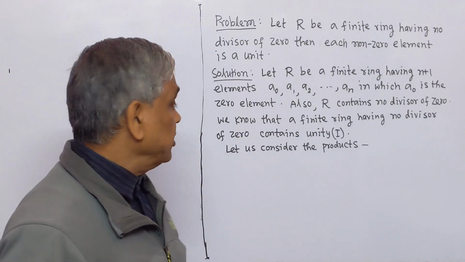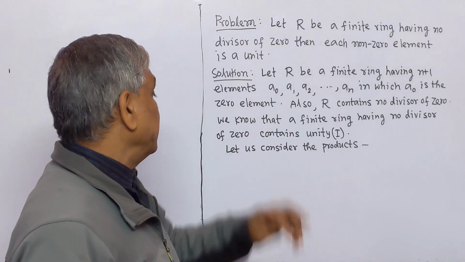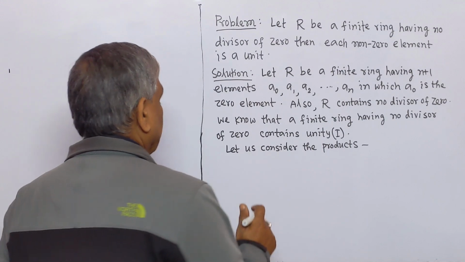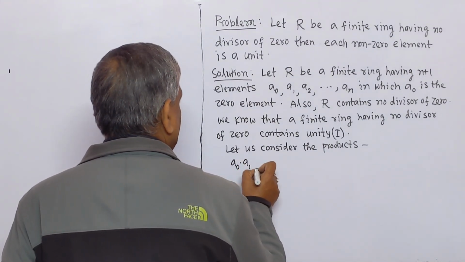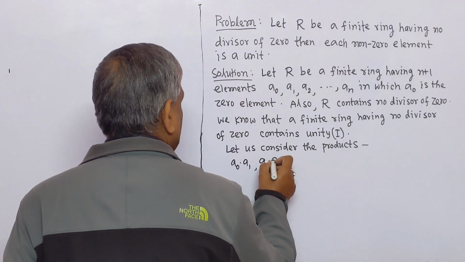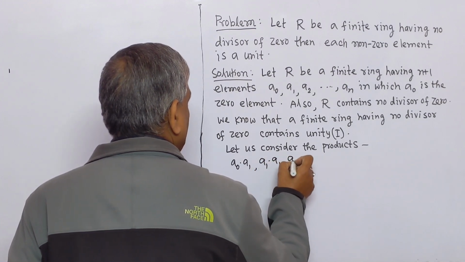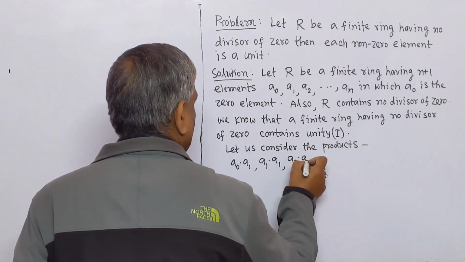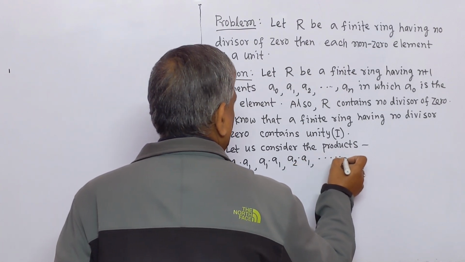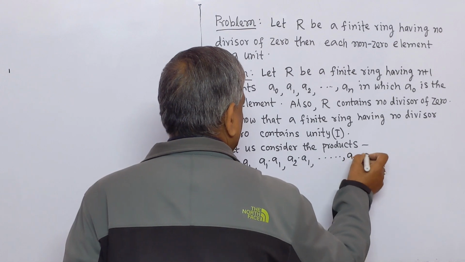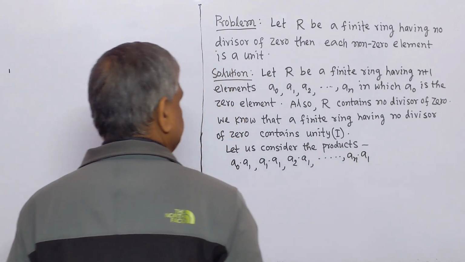Now let us consider the products a0 multiply a1, a1 multiply a1, a2 multiply a1, ..., an multiply a1.